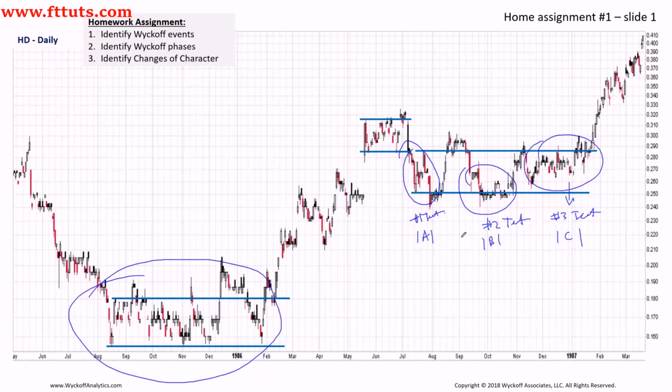Even though we see such complex structures in test number 2 and number 3, they are all actions around the same area. They are all tests of the action that we see prior to the testing area.